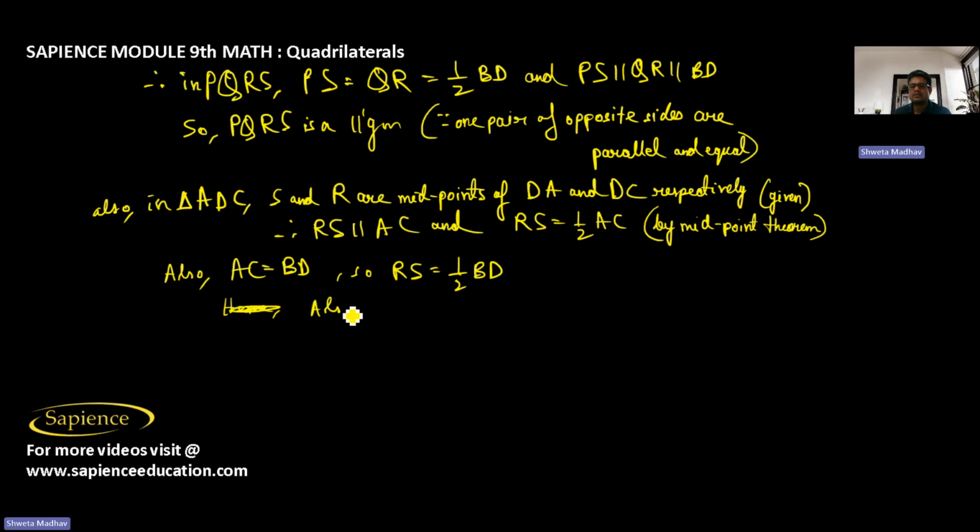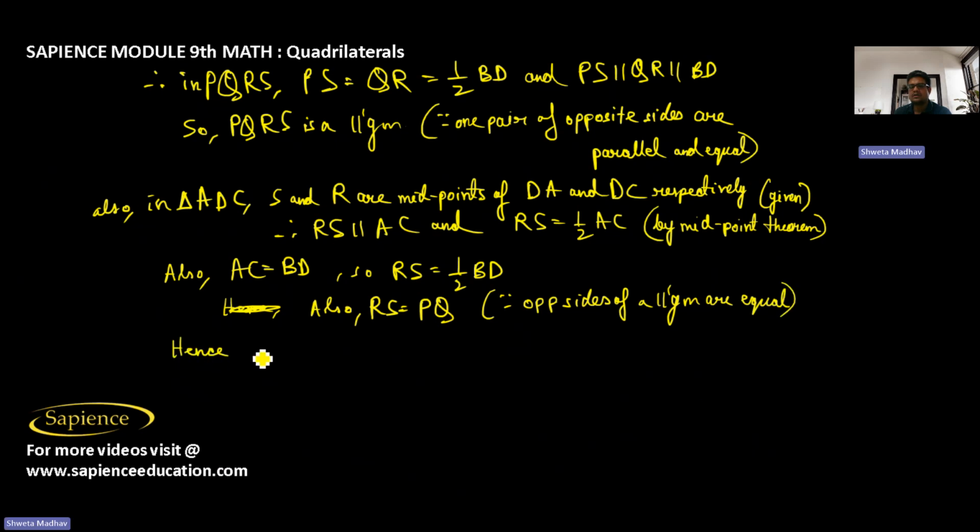And also RS is equal to PQ, since the opposite sides of a parallelogram are equal. So half of BD is PS also, and QR also, and it is equal to PQ also. So RS is equal to PS is equal to QR is equal to PQ.